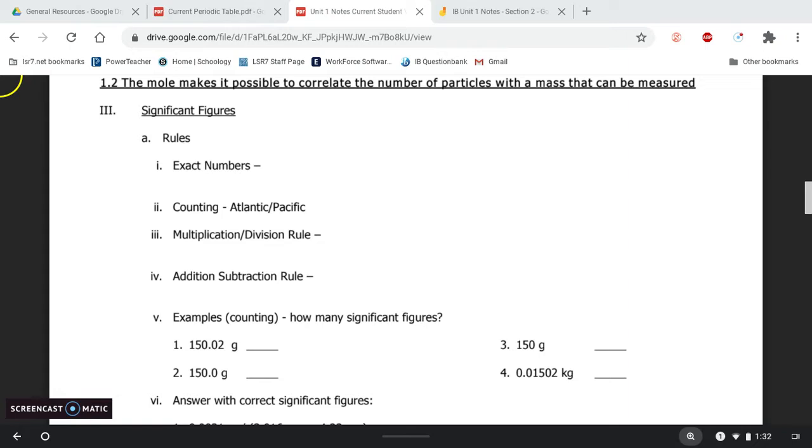So we want to make sure that you understand how to do all the pieces so you can be successful on that project. One of those pieces is being able to talk about error and uncertainty and use correct significant figures. That is a thing that you get scored on in the internal assessment.